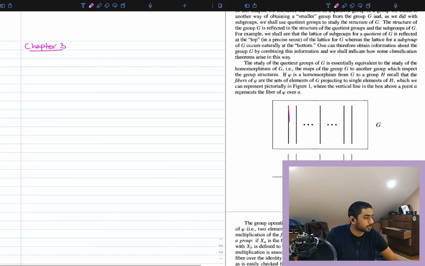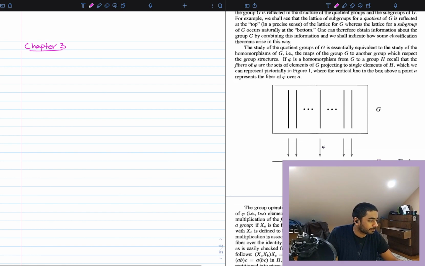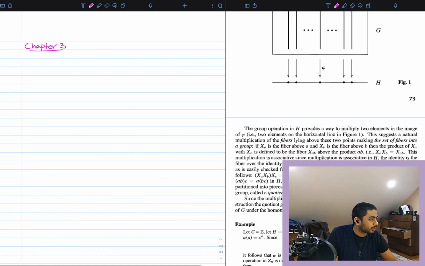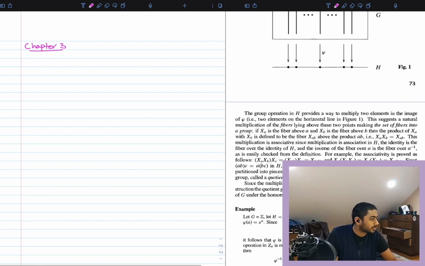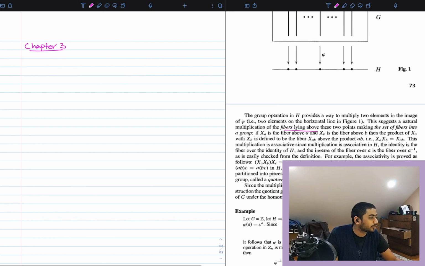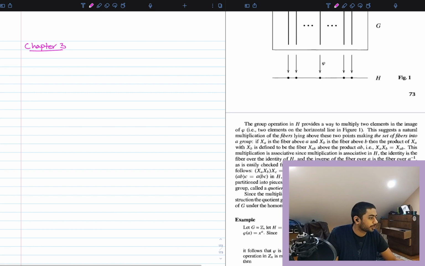If there's a bunch of stuff in the group that all gets sent to the same place by a homomorphism, then altogether this is the fiber. The group operation provides a way to multiply 2 elements in the image, which suggests a natural multiplication of fibers lying above those 2 points, making the set of fibers into a group itself. That's pretty weird.